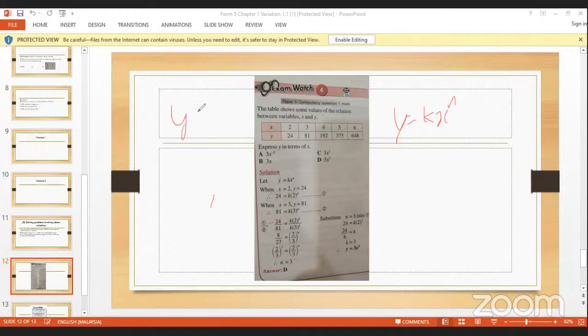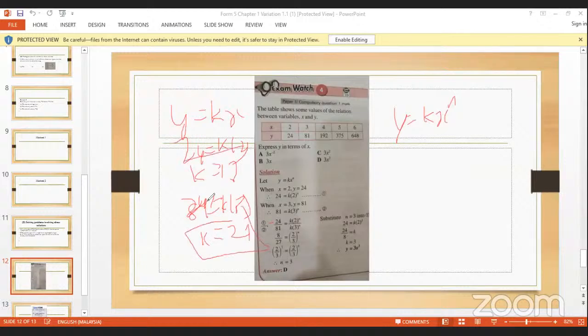If it's y equal to kx, does it make sense? 24 equal to k times 2, k equal to 12. And 81 equal to k times 3, k equal to 27. See, it's not the same.